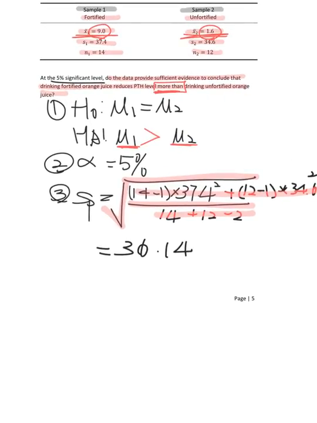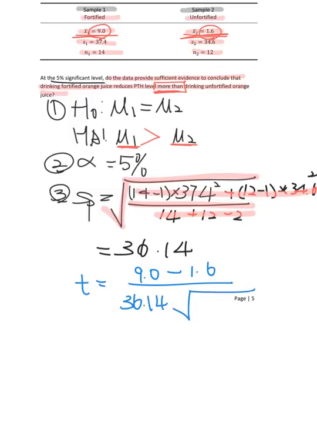Now the test statistic. Take the mean difference, 9.0 minus 1.6, divided by 36.14 times the square root of 1 over 14 plus 1 over 12. 0.52.